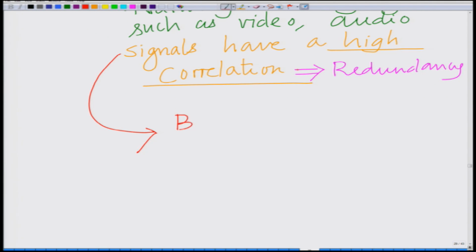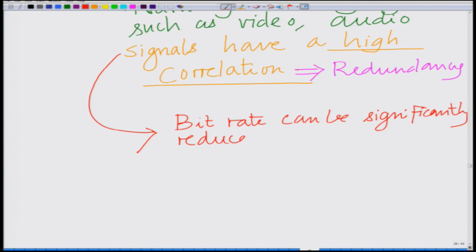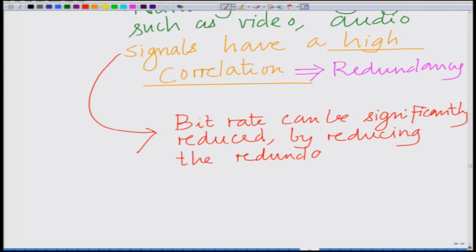So, they are correlated, which leads to a lot of redundancy.